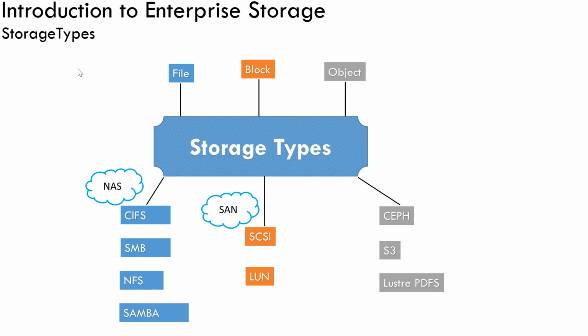Okay, we have storage types: file level storage, block level storage, and object storage. For file level storage, we have Windows share, Linux share, NFS, Samba, or CIFS. This is based on NAS technology. Block storage is based on SAN technology, working with SCSI commands.